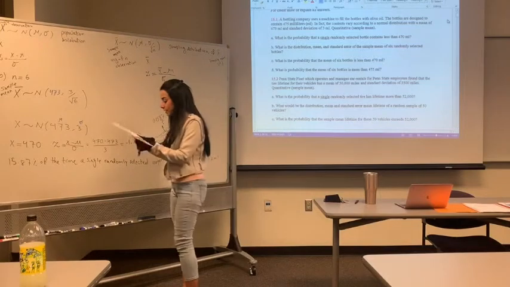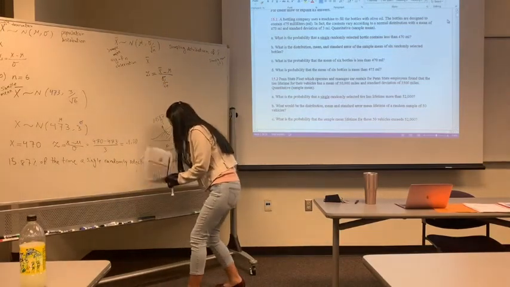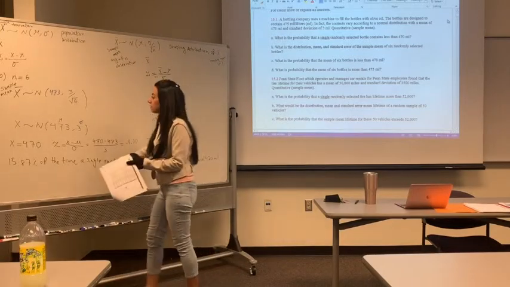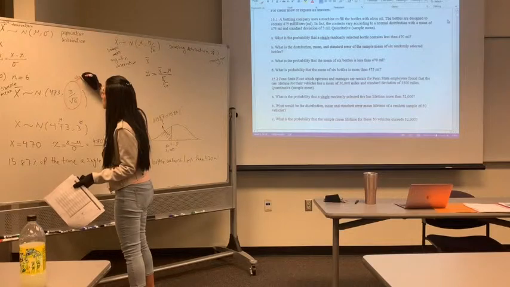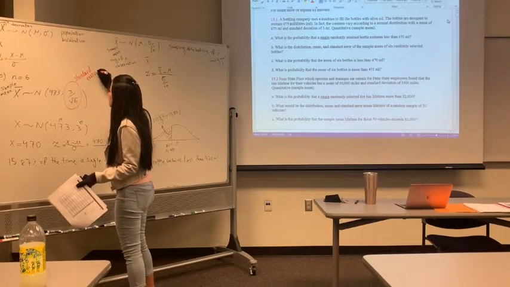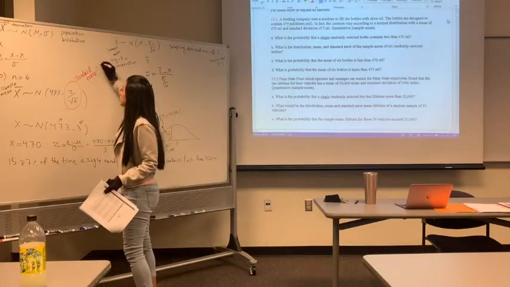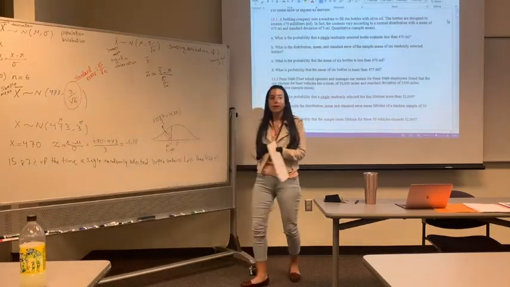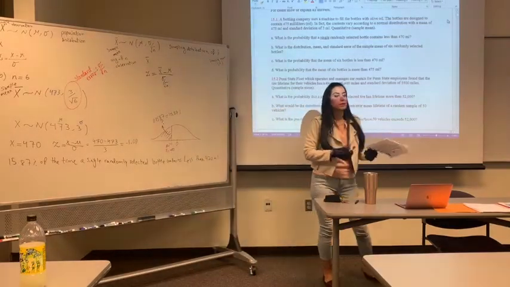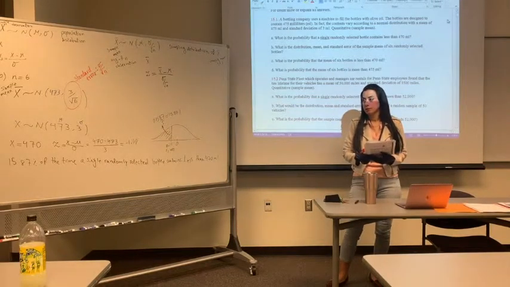We call this a standard error. So standard error is sigma over square root of n, and the standard error is the standard deviation of the sample mean.